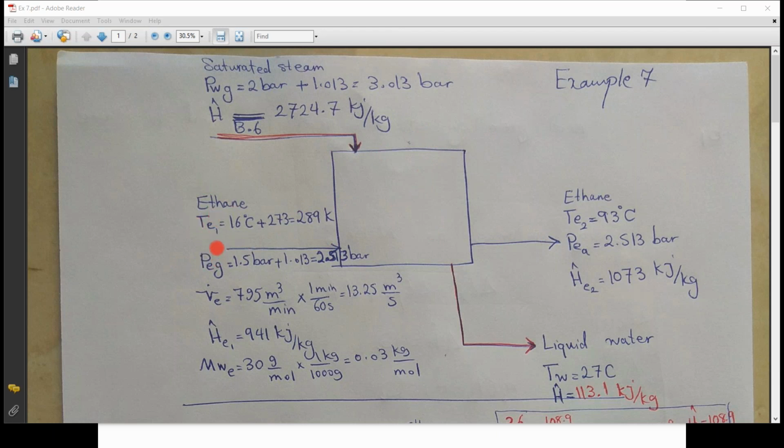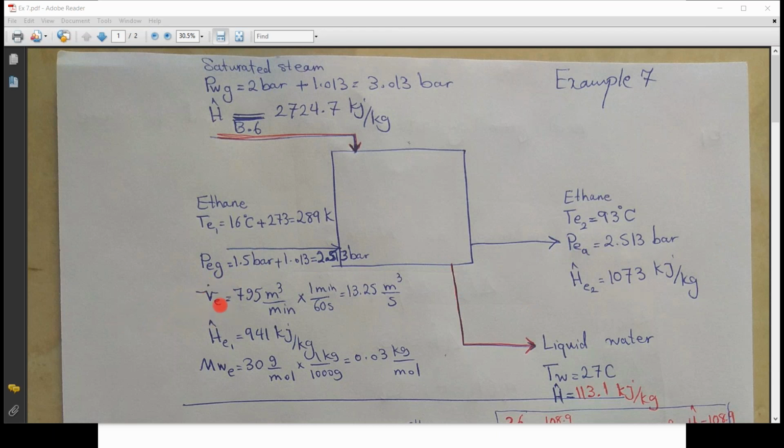That ethane enters the heat exchanger at a temperature of 16 Celsius and leaves at 93 Celsius. The inlet gauge pressure is 1.5 bar, and it leaves at the same pressure, 1.5 bar gauge.